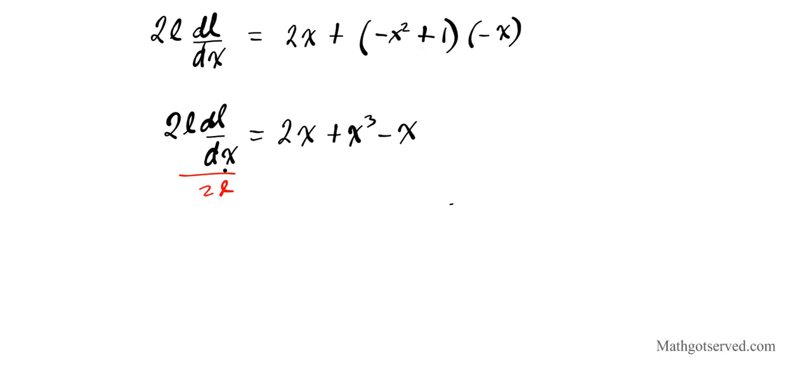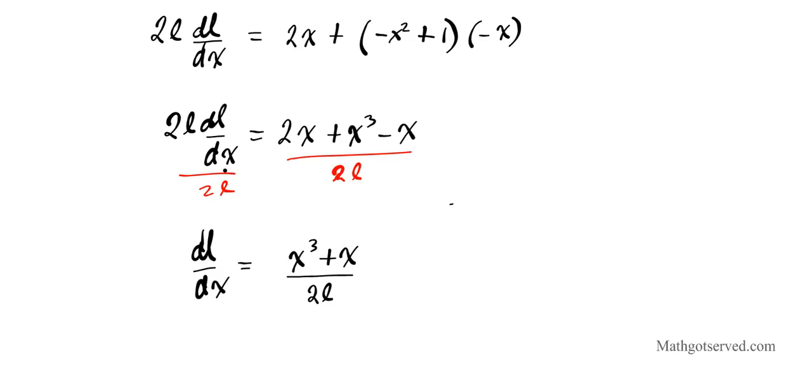Then dL/dx equals, combining these two together, x to the third plus x over 2L. Remember, at any point, this L is the length.